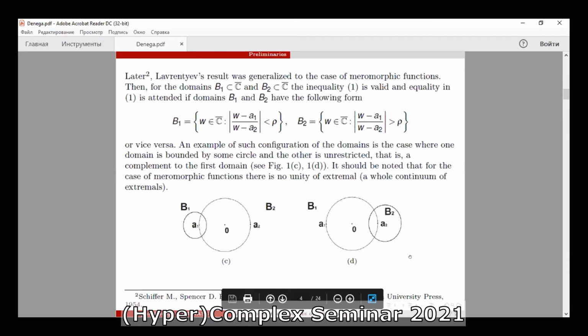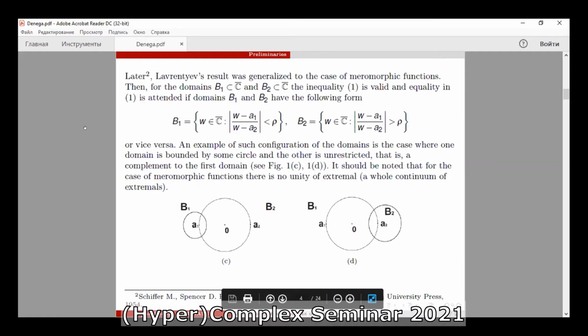Later, in the monograph by Schiffer and Spencer, a whole chapter is devoted to the study of Lavrentiev's theorem. Then many others investigated this result in different directions.